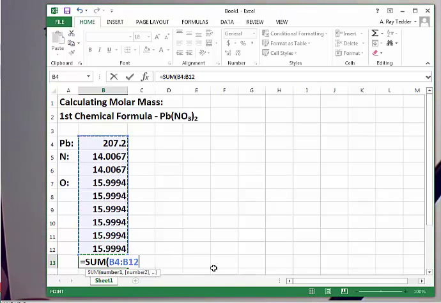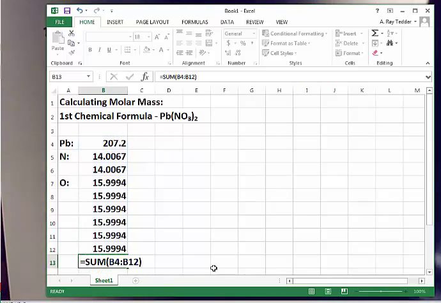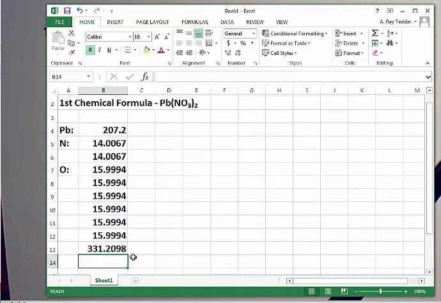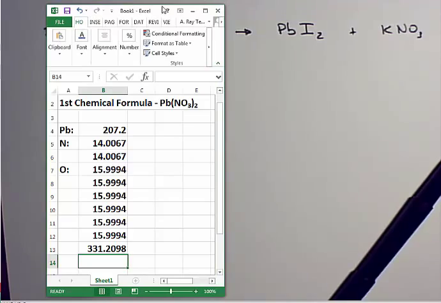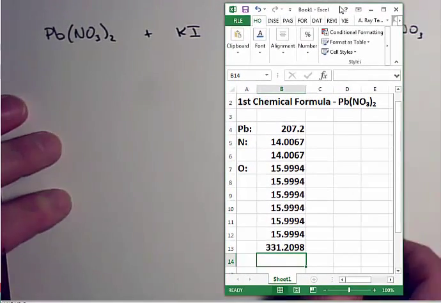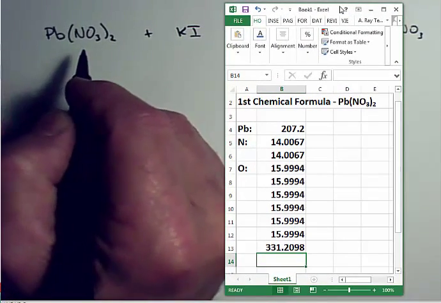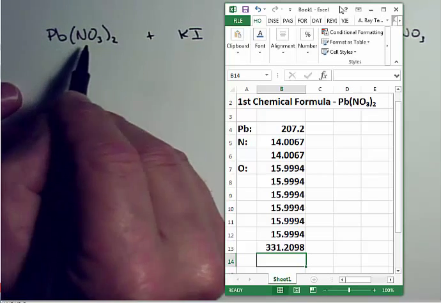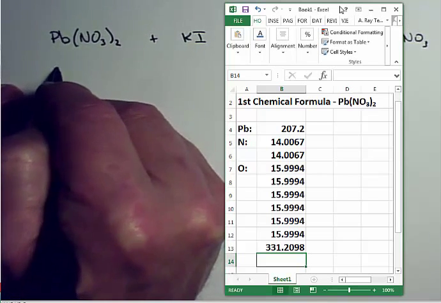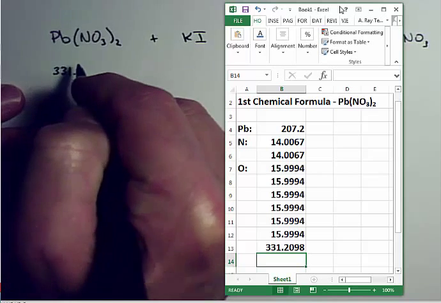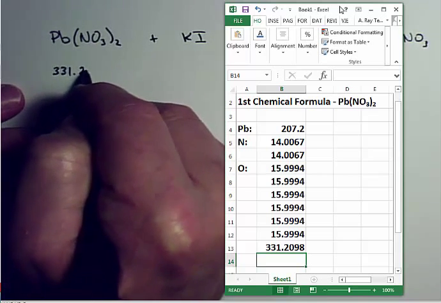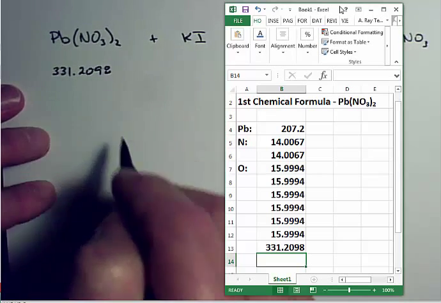All right, and we get that number right there. Okay? That's the sum of the atomic masses. All right? So the average atomic mass, or the molar mass then, of lead nitrate is 331.2098. That's the unrounded answer.